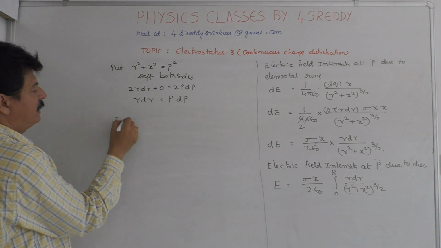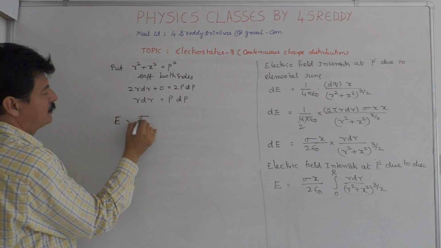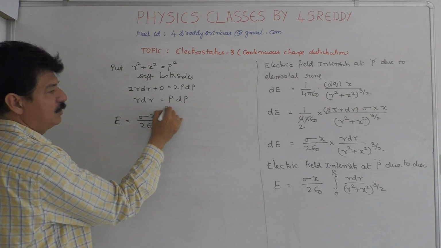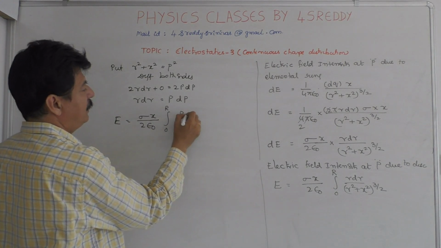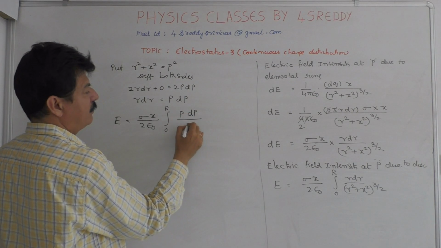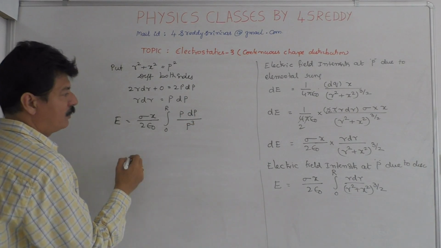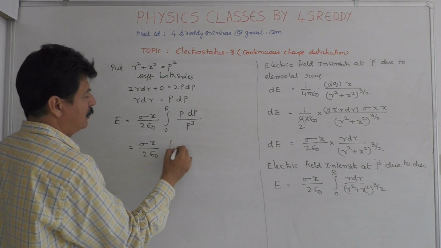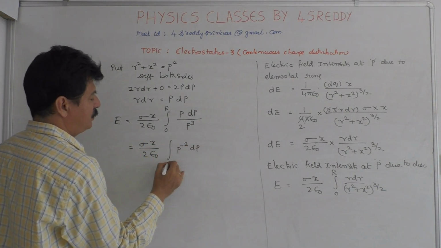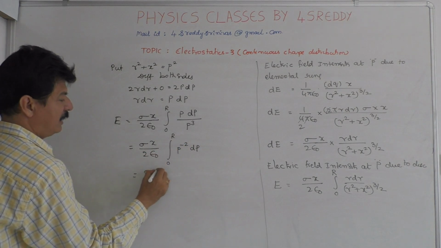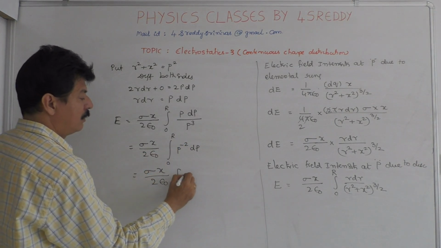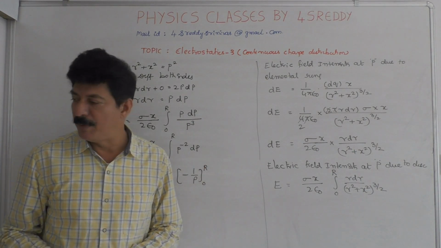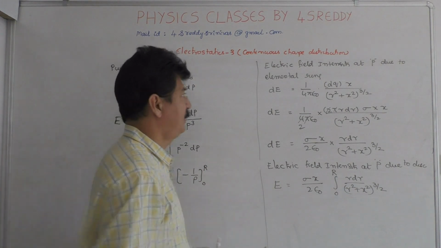Therefore, E can be written as sigma x by 2 epsilon naught integral 0 to R, p dp by p power 3. Therefore, this is sigma x by 2 epsilon naught integral of p power minus 2 dp, which gives minus 1 by p, because minus 2 plus 1 is minus 1, so 1 by p.